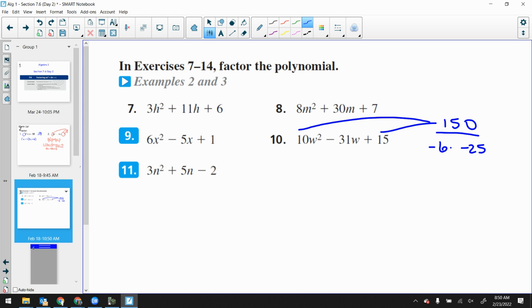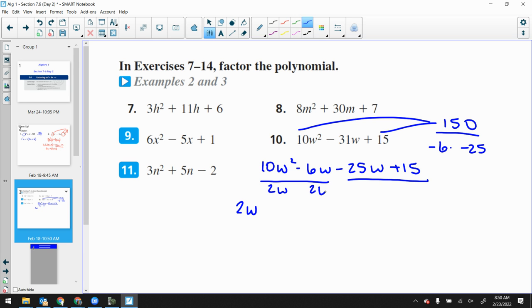All right. So we rewrite 10w squared minus 6w minus 25w plus 15. Factor by grouping. Pull out the 2w as my GCF here, and we're left with a 5w minus 3. Take a look here.